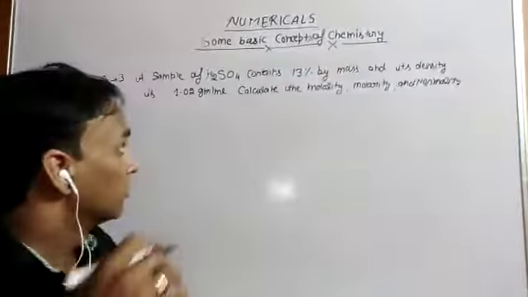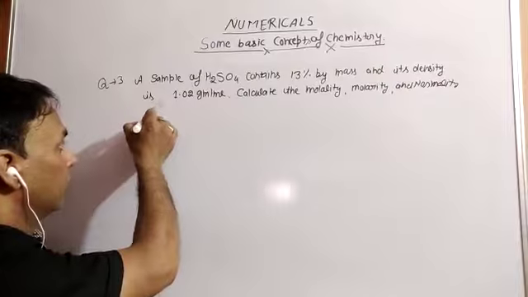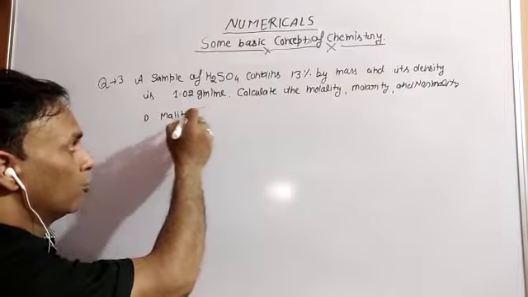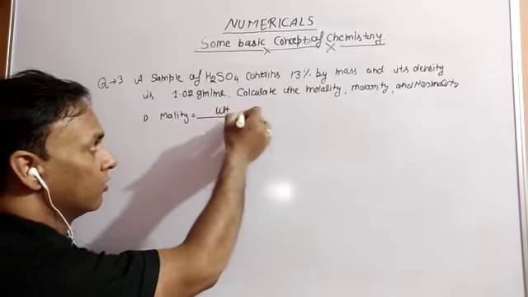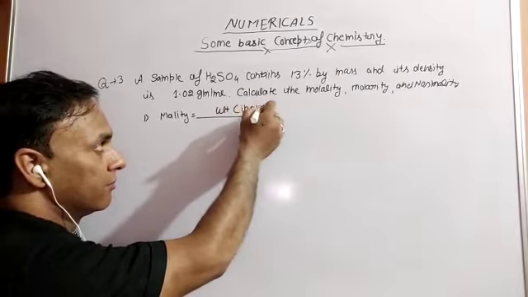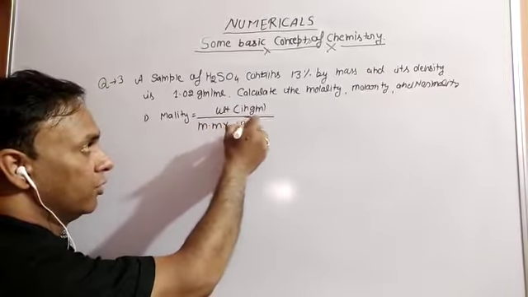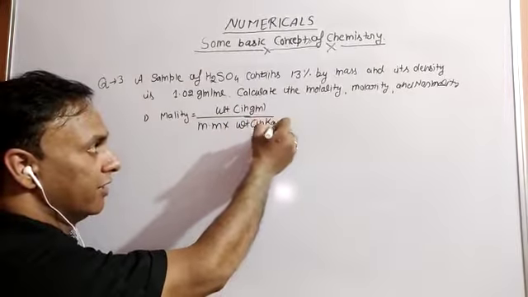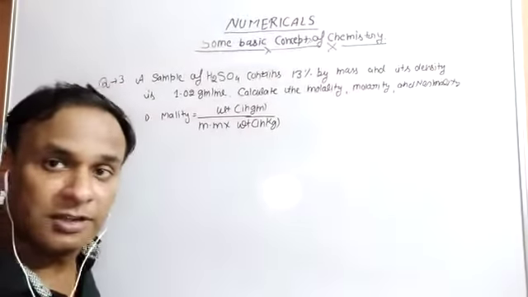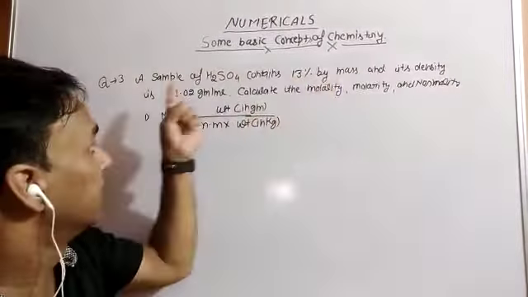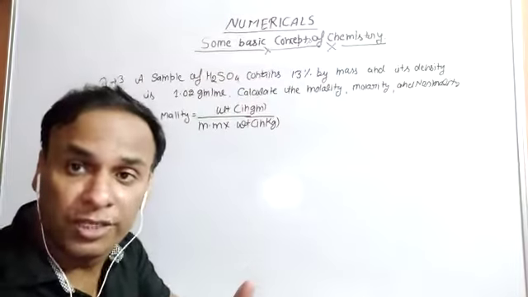Listen, when we talk about the molality, it is weight of solute in gram upon molar mass into weight of solvent in kilogram. Clear? And here it is given 13% by mass, means H2SO4 behaves like a solute.